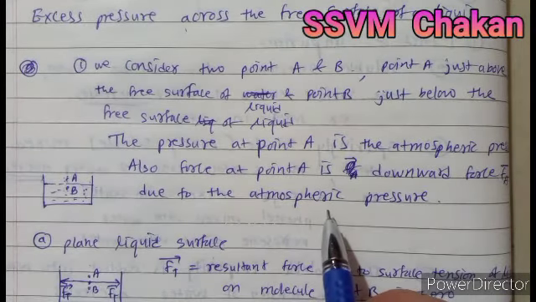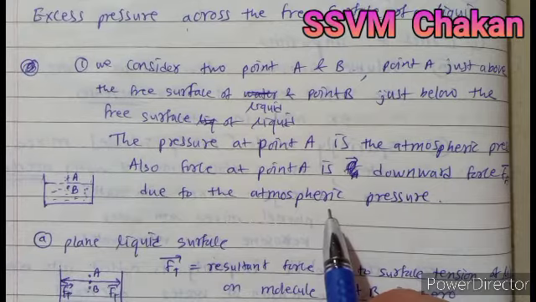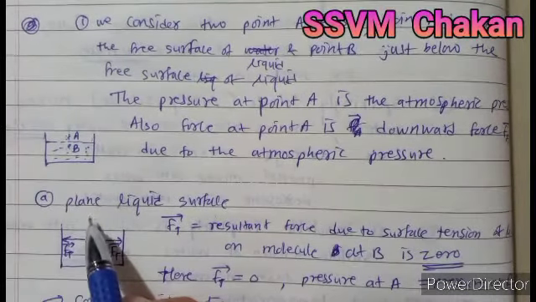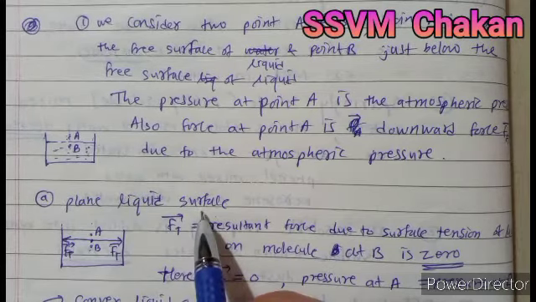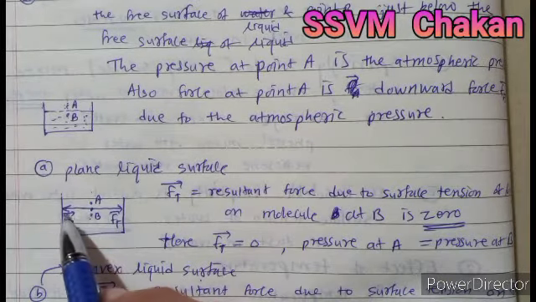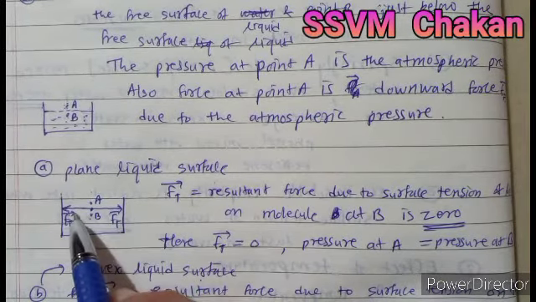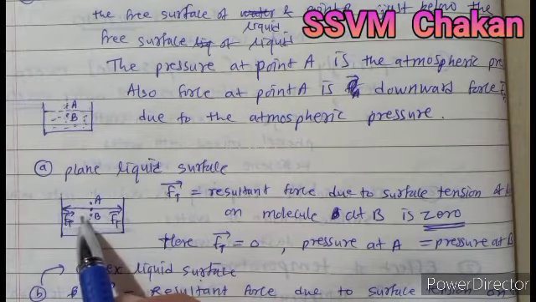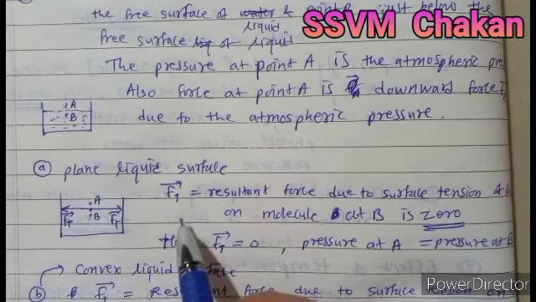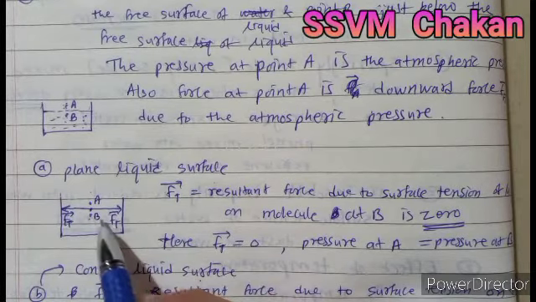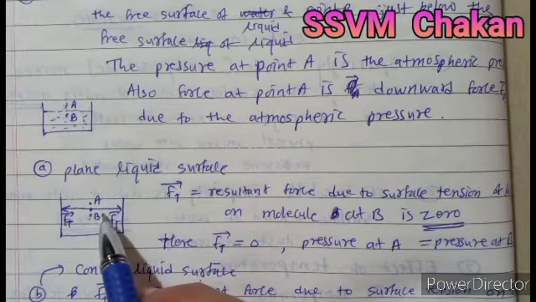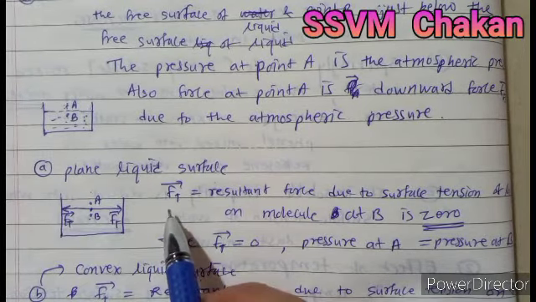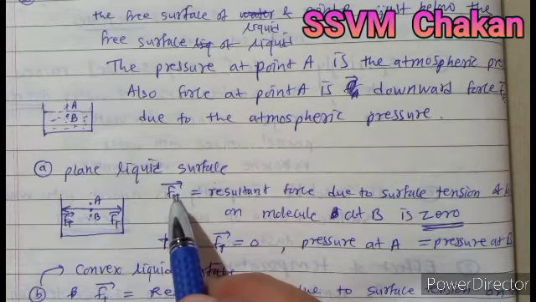Now the three cases of liquid surface. First case, plane liquid surface. The surface remains a plane, no concave, no convex shape, only plane shape is there. On the free surface of liquid, surface tension is present, and that surface tension applies a force, which we denote Ft bar.